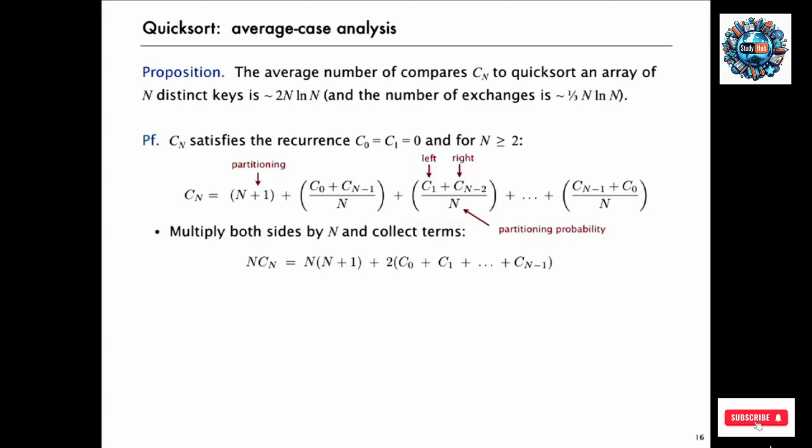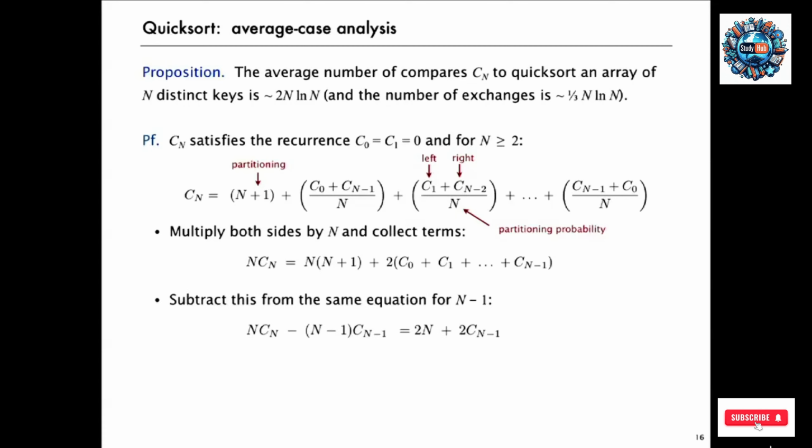First thing we do is just multiply by n and collect terms. So n C_n equals n times n plus 1, and then these terms, every size appears twice, so it's twice the sum from C_0 to C_{n-1}. That's a simpler equation already. Now what we can do is get rid of that sum by subtracting the same equation for n minus 1.